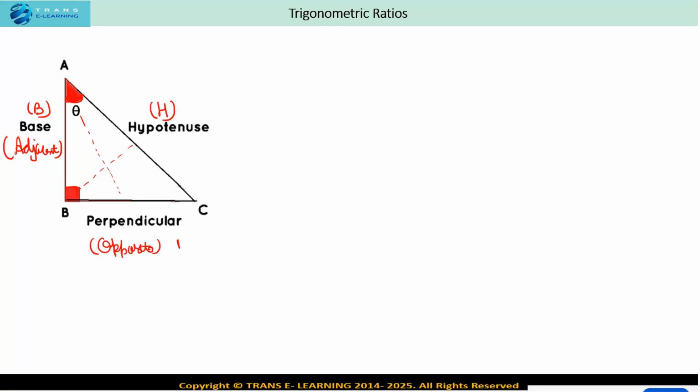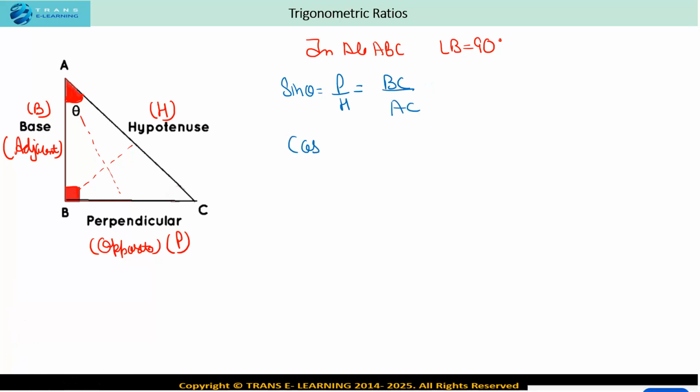If we consider this triangle ABC, which is right angled at B, the trigonometric ratios will be: sine theta is perpendicular upon hypotenuse, here BC upon AC. Then cos theta is base upon hypotenuse, this is AB upon AC. Then tan theta is perpendicular upon base, that is BC upon AB.